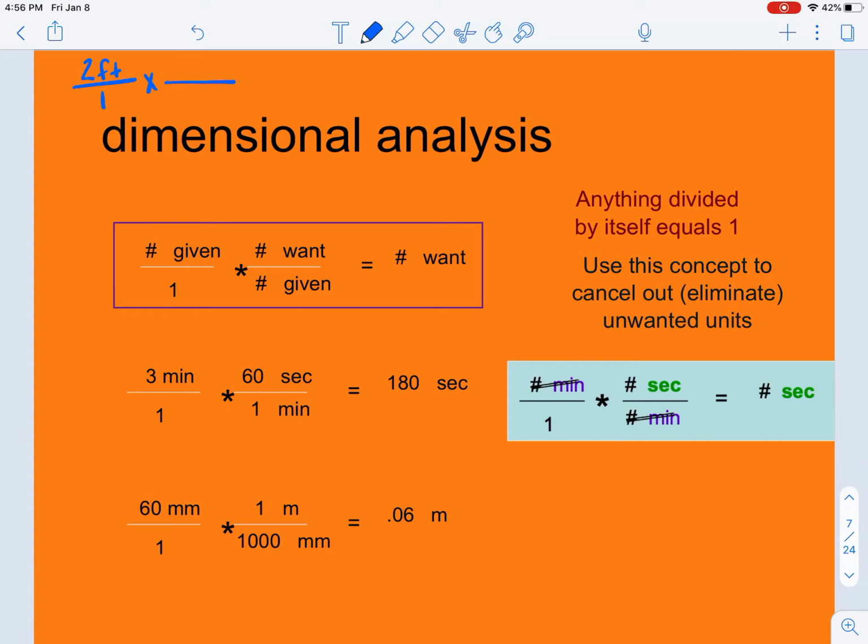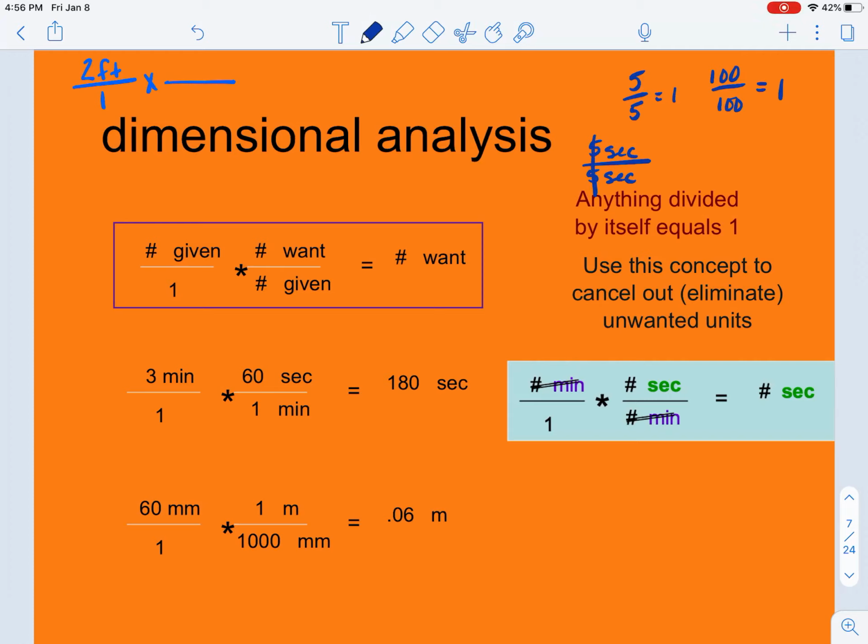Now, how do I know what needs to go in the fraction? Well, let's pause from our dimensional analysis for a moment and talk a little bit about math in general. We should understand that 5 divided by 5 gives me a value of 1. If I were to do 100 divided by 100, I still get a value of 1. If I take my unit and attach it to the number, so let's say that I have 5 seconds divided by 5 seconds, well, my 5s are going to cancel out.